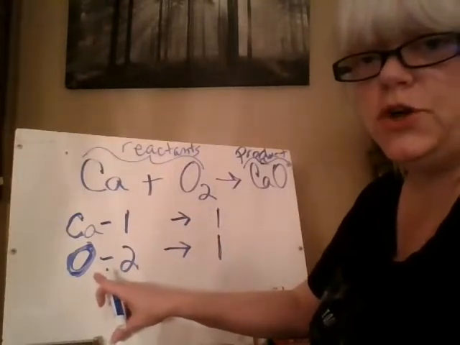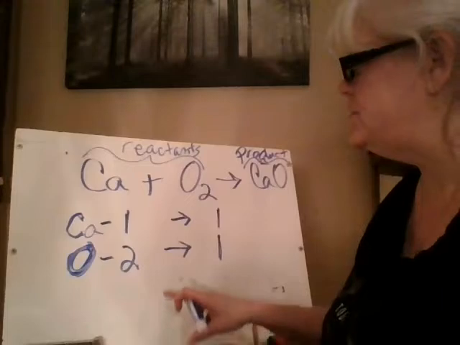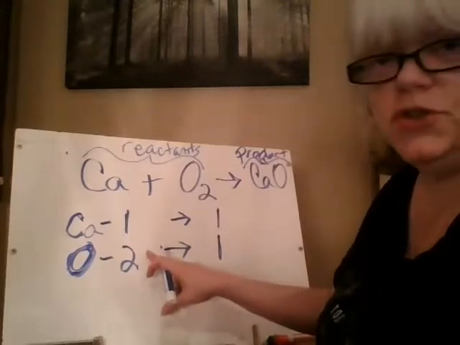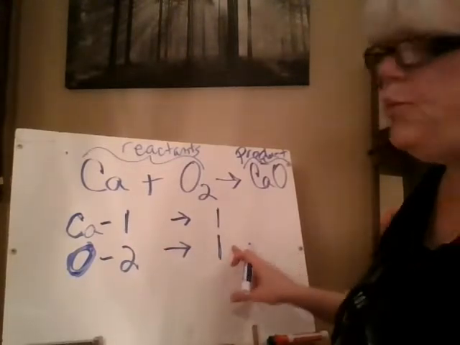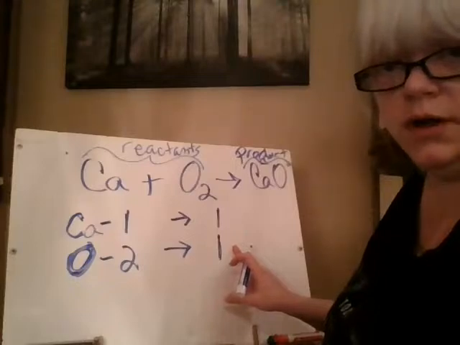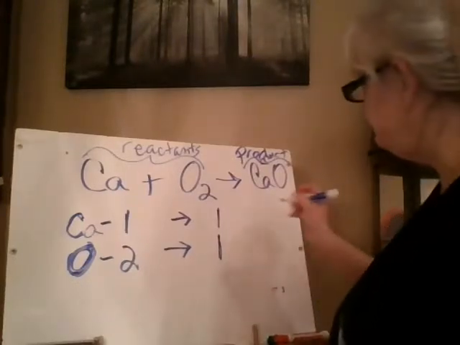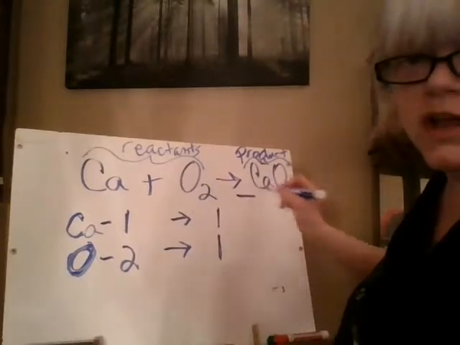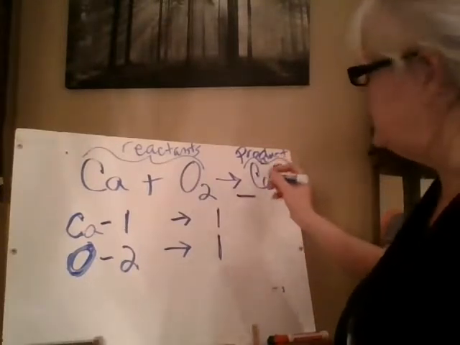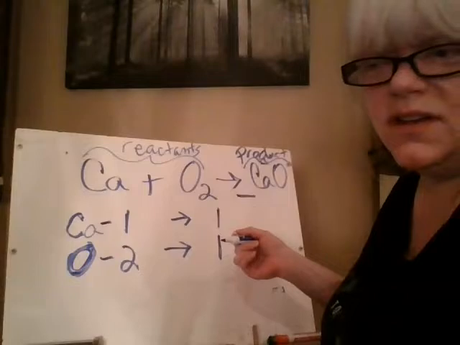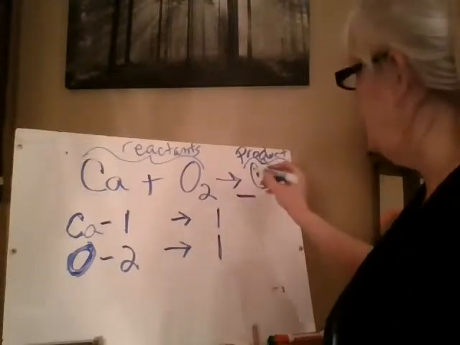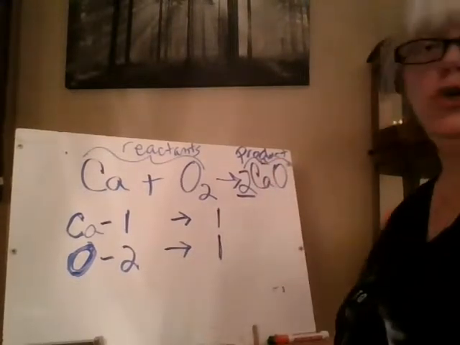Oxygen is where we want to start here, because it's out of balance. So we have 2 oxygens on the reactants, and there's only 1 oxygen on the product. Okay? So a real quick, easy way to do that is, I'm going to underline here. You don't have to underline, but I'm doing it just because it'll draw more attention here. You're going to put a 2.